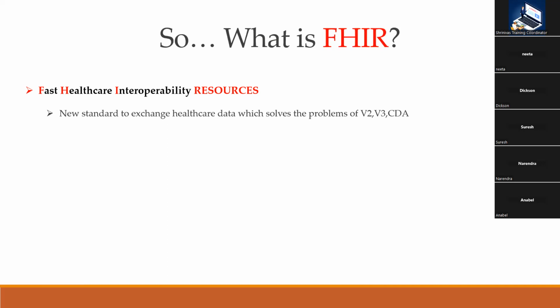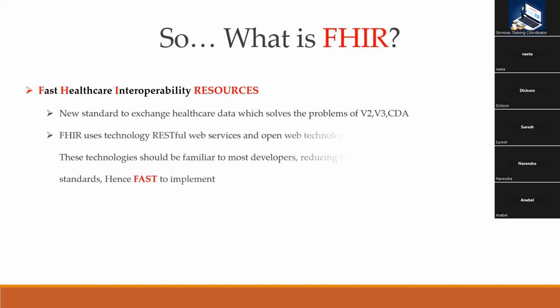So that is one problem that was solved, but that is just a very small problem. But in real time, when you talk about data exchanges, FHIR solves a very good problem. Now, FHIR uses the latest RESTful web service technology, and it uses formats like JSON, XML, RDF to exchange the data.